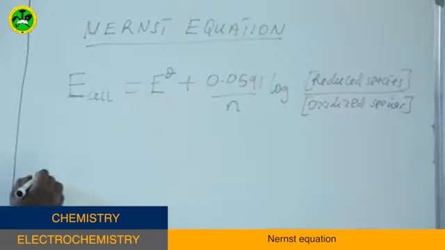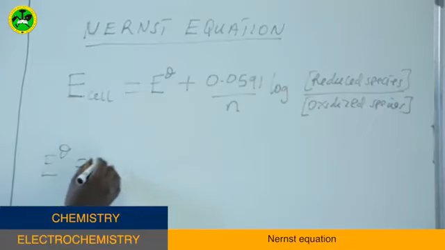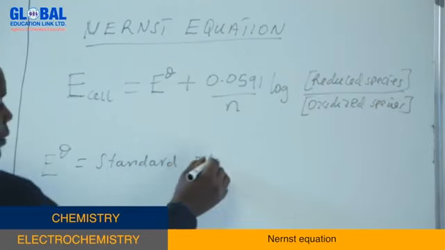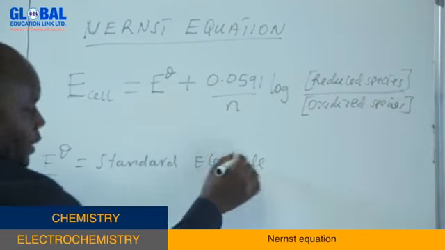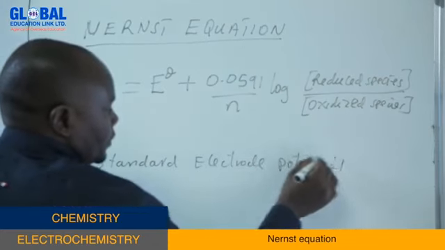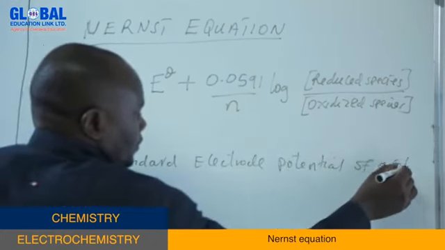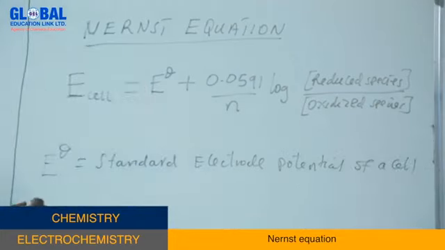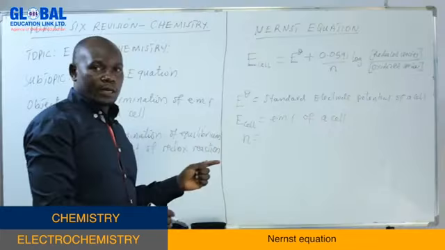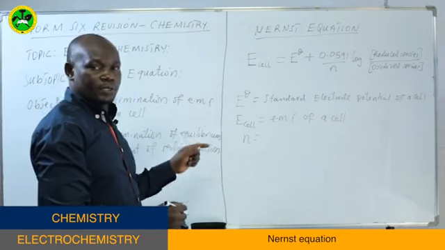Here E° is known as the standard electrode potential of a cell, and E cell stands for the EMF of a cell, and n represents the total number of electrons in a balanced redox equation.